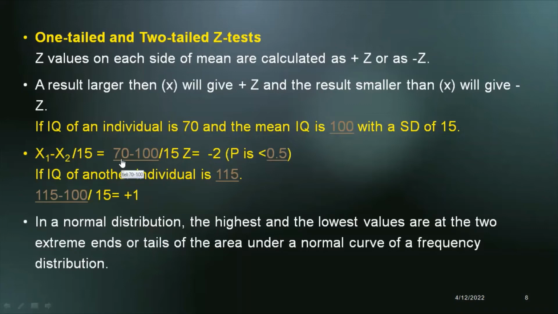So whenever the observation is smaller than the mean, then the Z value will be negative.